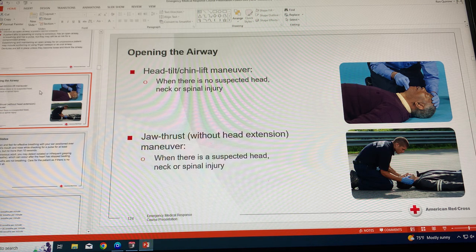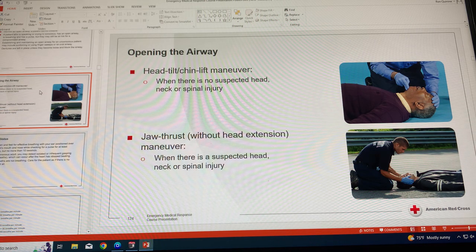Use firm backward pressure from the palm of your hand to tilt the head back while lifting the jaw up with the fingertips to extend the chin forward. If the patient is a child, tilt the head so the airway is only slightly past neutral. For an infant, tilt the head so the airway is in a neutral position. Keep pressure on the patient's forehead to help maintain the airway in an open position.